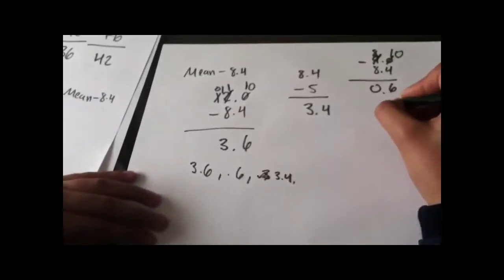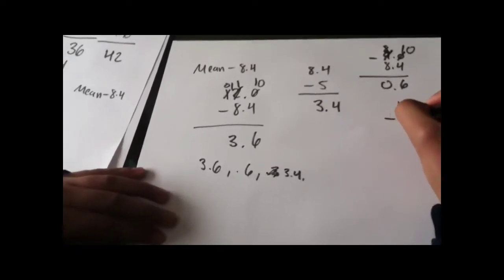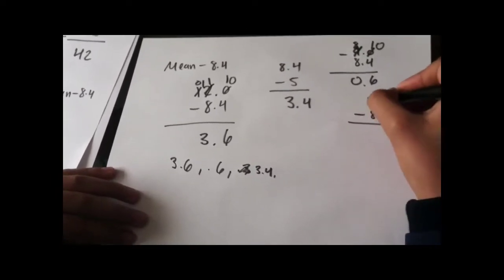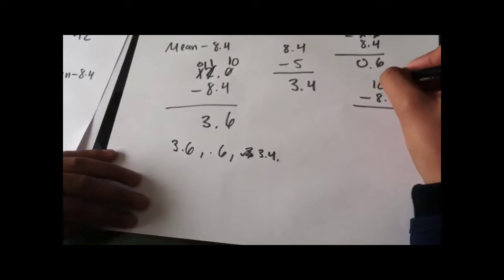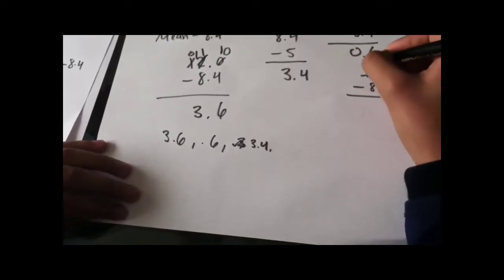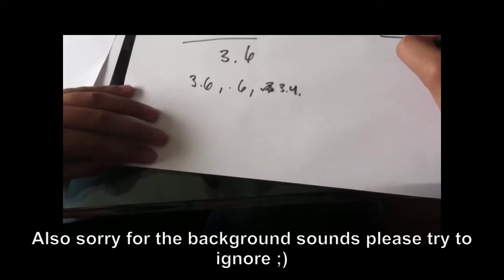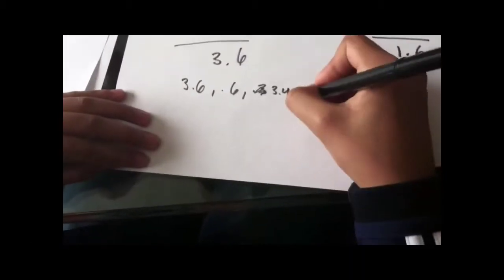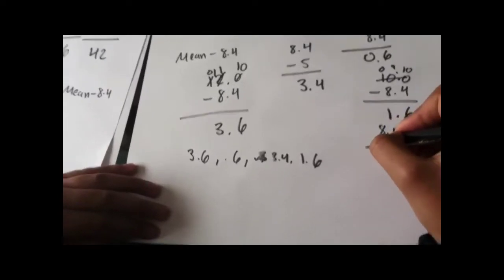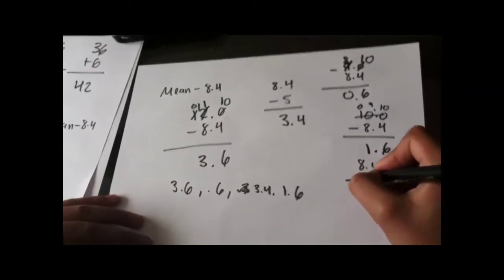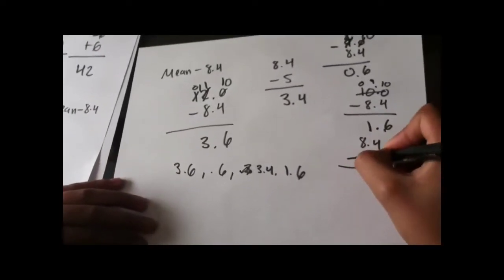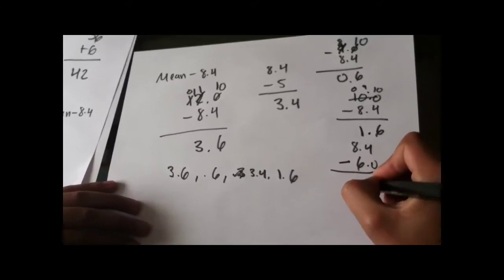And then 10 minus 8.4 is 1.6. Okay, and then 8.4 minus 6 is 2.4.